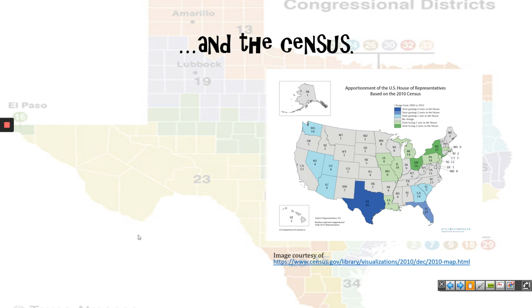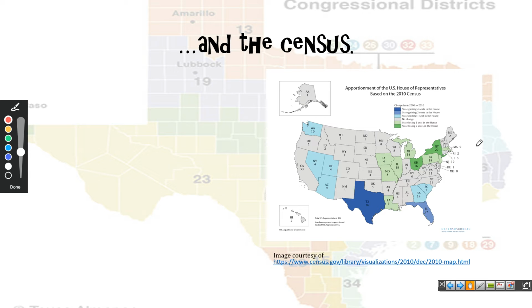Now to put some real numbers on that, this chart or map I have up is based on the 2010 census. And as you can see, Texas has 36 representatives. California, all right, look, they have 53. But places like Montana, Wyoming, Delaware, Vermont, they only get one representative each.